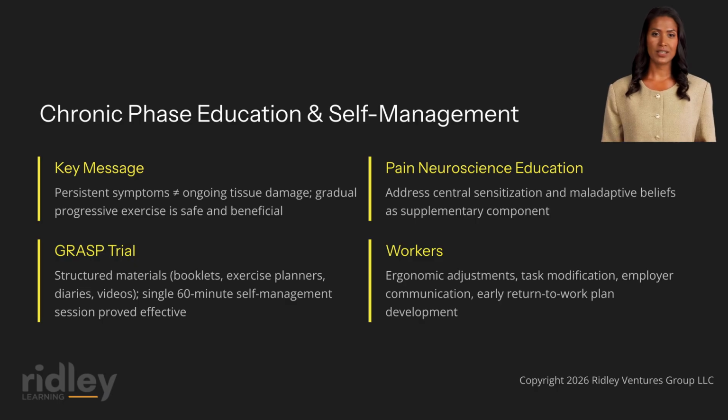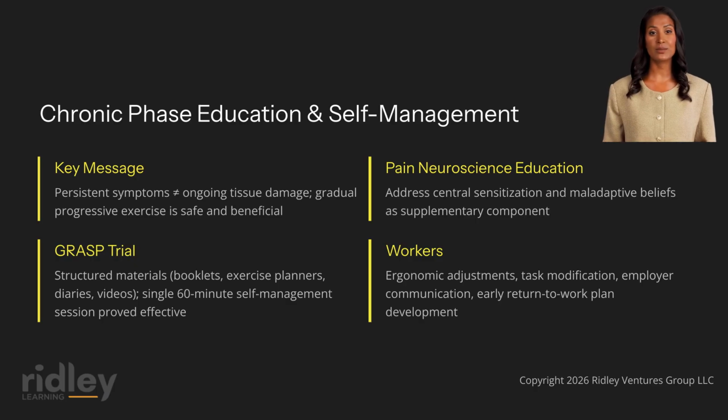In the chronic phase, education shifts toward promoting active rehabilitation and self-management, explaining that persistent symptoms don't necessarily indicate ongoing tissue damage and that gradual progressive exercise is safe and beneficial. Pain neuroscience education addressing the role of central sensitization and maladaptive beliefs in pain persistence is recommended as a supplementary component.